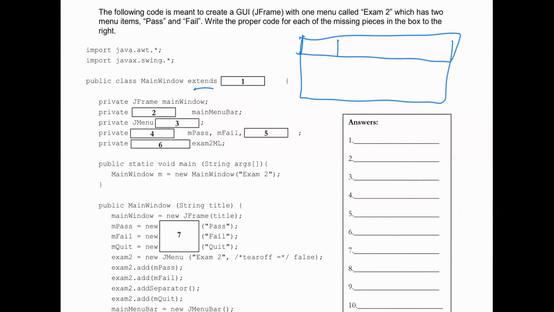Before you do the menu bar, you need to do something. For the first answer, I think it was JFrame. You need to extend the JFrame. The project doesn't require the JFrame, but in the test, when you see the extends, you can put JFrame.